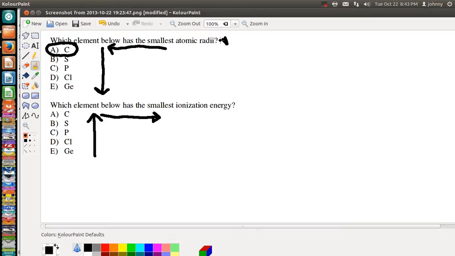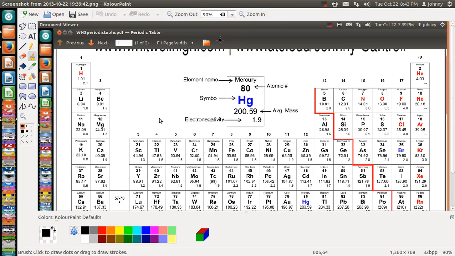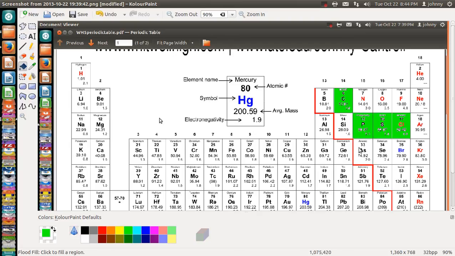We got CSP, CL, and GE. Same ones again. We got CSP to look at. We got, let's see, CSP, CL, and GE. Now, remember the trend for the ionization energy. It increases. Whoop, let me make that red. It increases going up, and it increases going across.